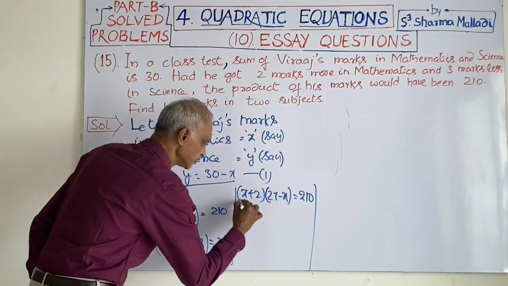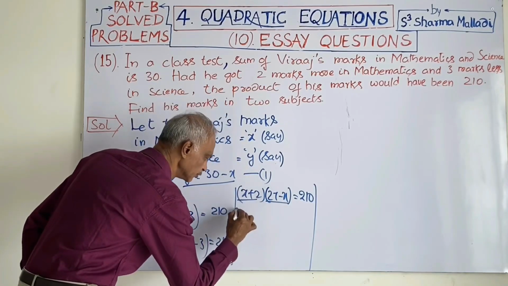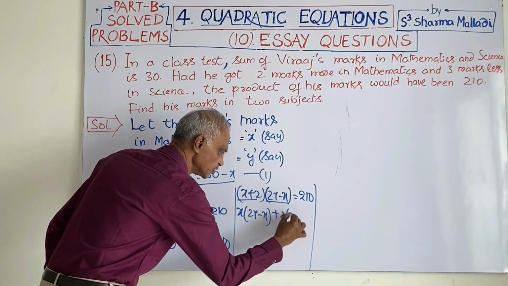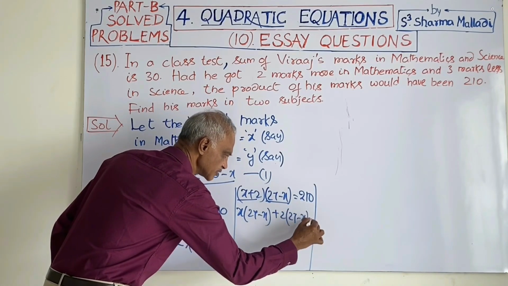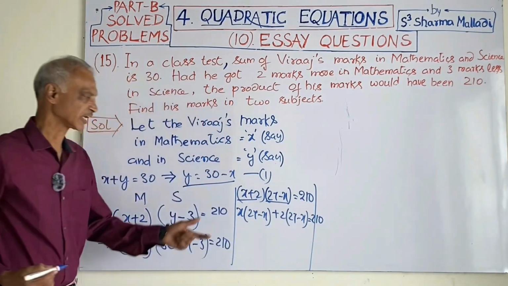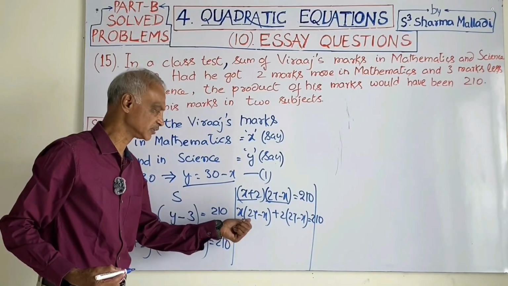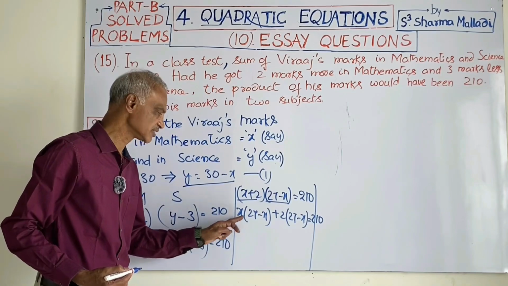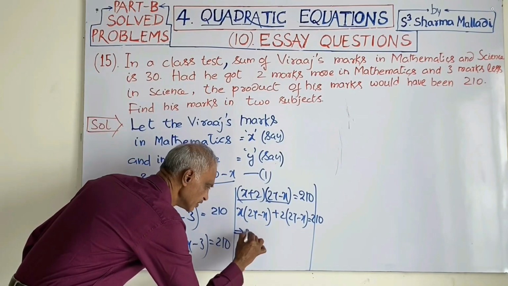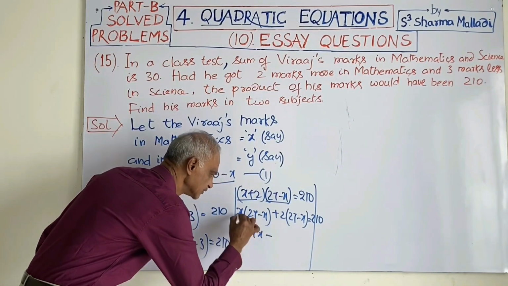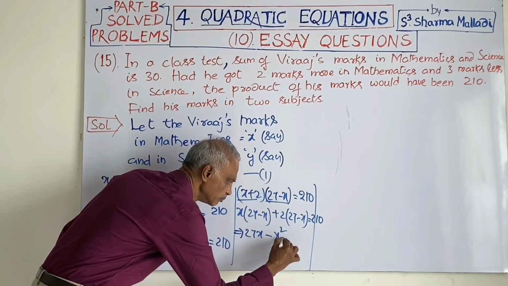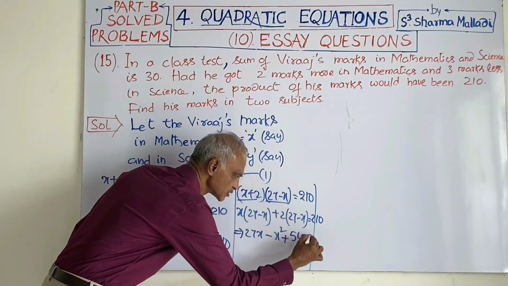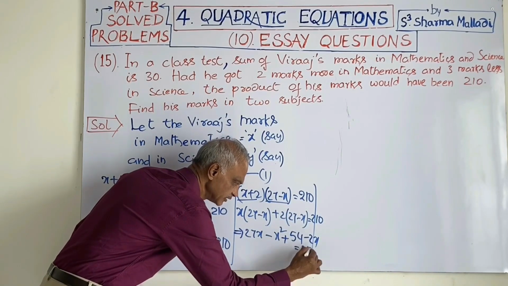Now you multiply this with this. X into 27 minus X plus 2 into 27 minus X is equal to 210. Now you multiply X with 27 minus X. X into 27 is 27X, minus X into X, X square, plus 2 into 27, 54, minus 2 into X, 2X, is equal to 210.